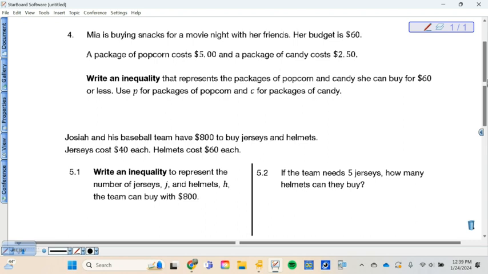Screenshot of this. With hot Cheetos. Yeah, they're so stupid.